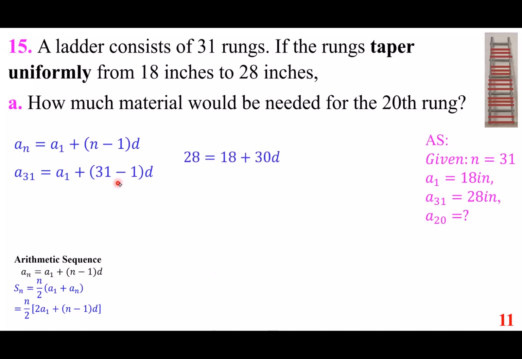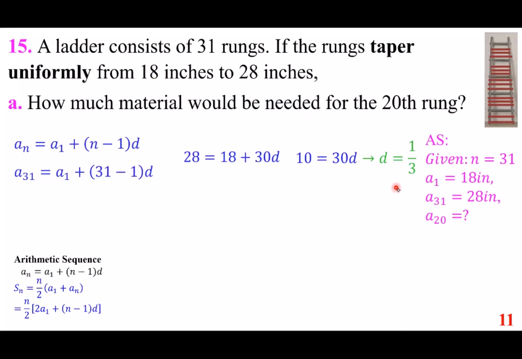We subtract the 18, we get 10, and d becomes 10 divided by 30, or 1/3. And by the way, the units are whatever units that you have here. So that means the first one is 18 inches, then we add 1/3 of an inch to this one, becomes the second one. Then we add another one, becomes the third one, so on and so forth.